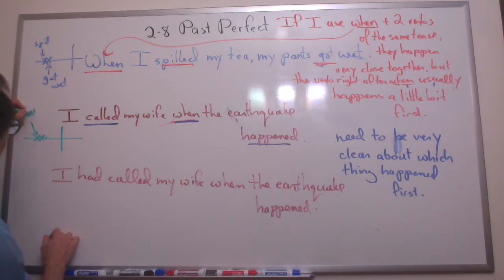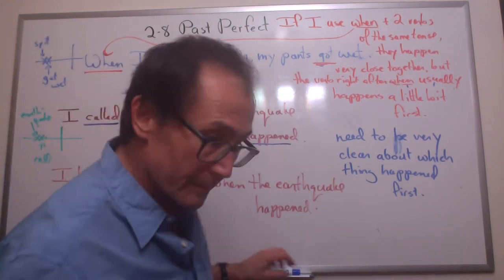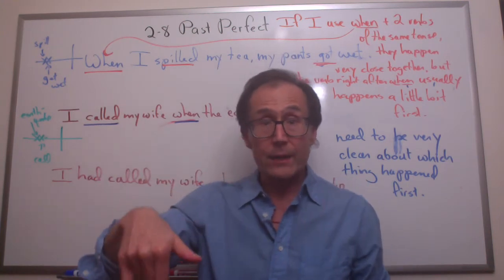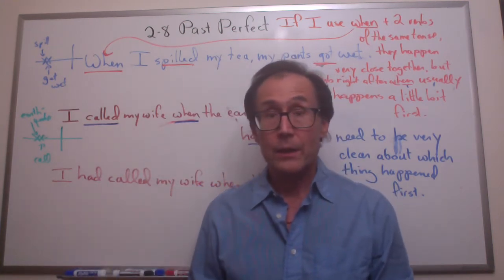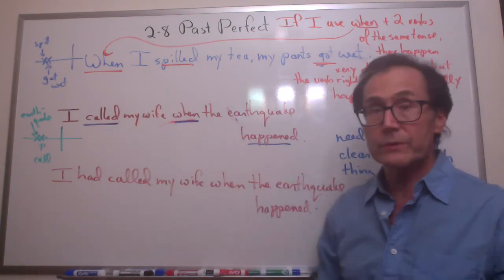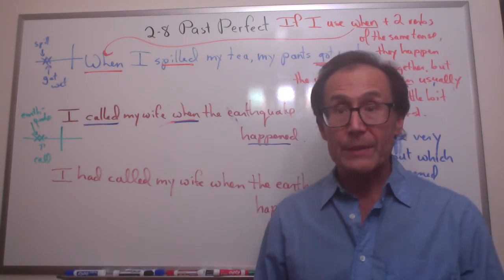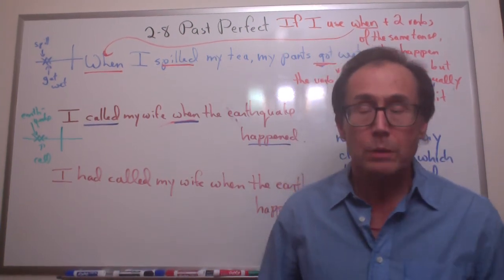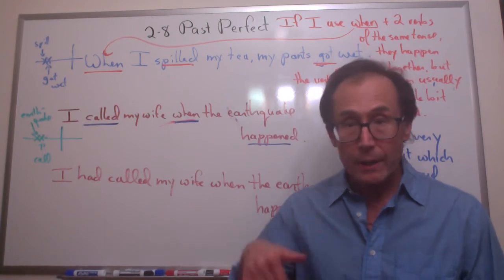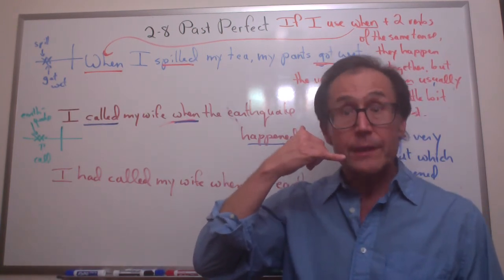Earthquake happened first. Then call. So if I act this out, I say, these happened very close together, but earthquake was a little first. So if I'm acting this out, the earthquake happens. And then I'd say, oh my gosh. And I pick up my phone and I say, hi, sweetheart, did you feel the earthquake?